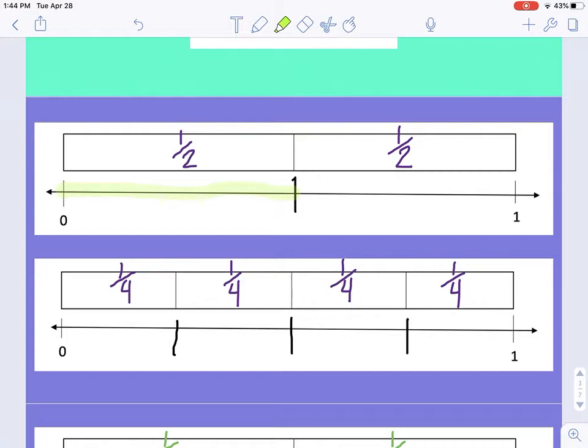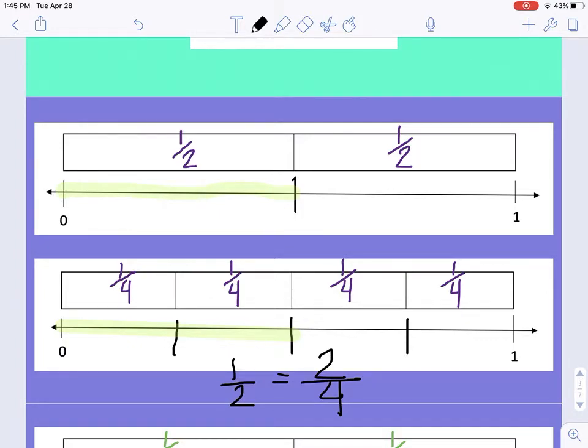Well, I can see that 1/4 and then 2/4, they land at the same spot, right? It lines up exactly. So I know that 1/2 is equal or equivalent to 2/4. It lands at the same spot.